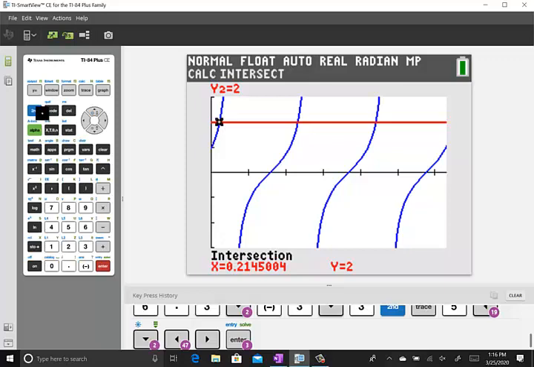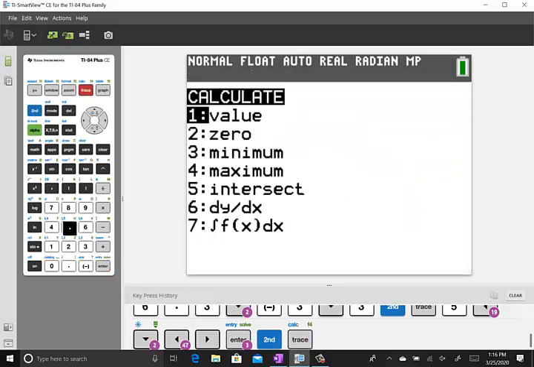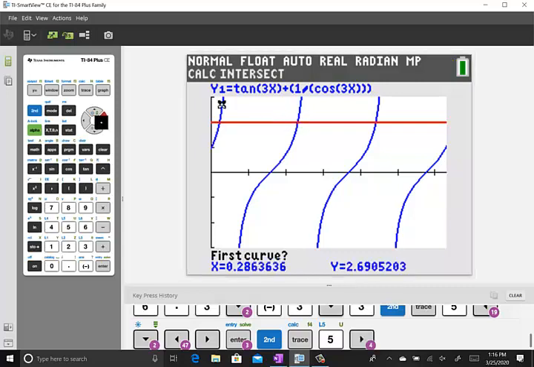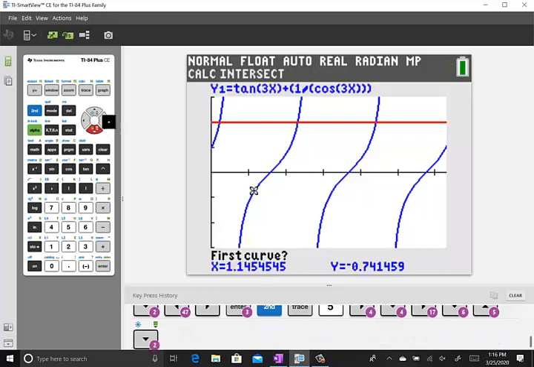So we hit second trace, number 5. Let's go to the second intersection over here. So I'm going to use my right arrows. Just keep pressing. It'll get there. There we go.